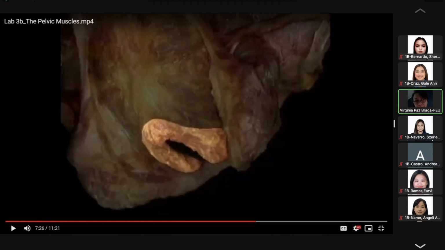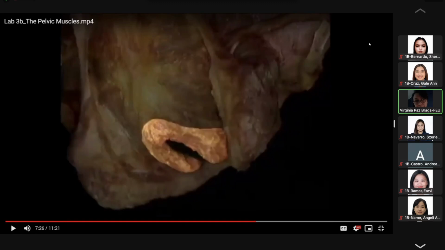I'm stopping this frame just to emphasize the pubococcygeus muscle. If you notice, there's a U formation. That's the sling formation of the pubococcygeus muscle. It's also sometimes referred to as the area where you will find the U-shaped puborectal sling. It's in your manual.